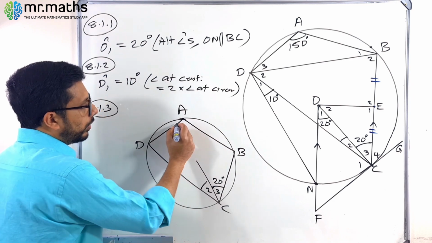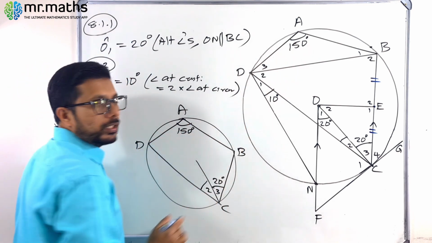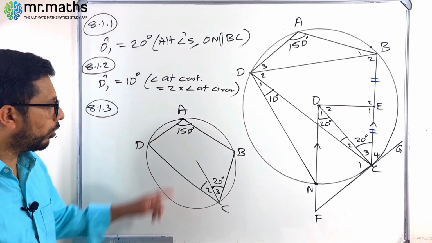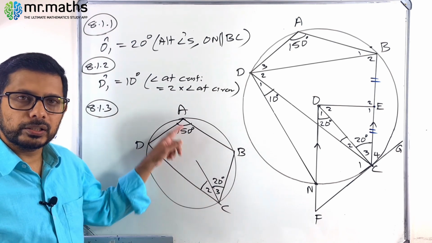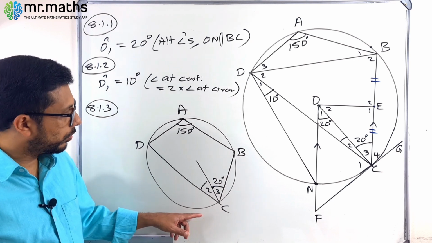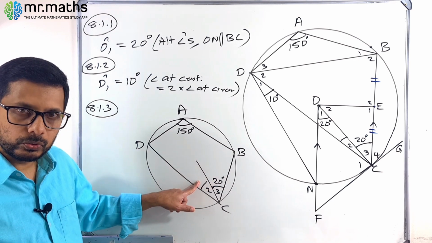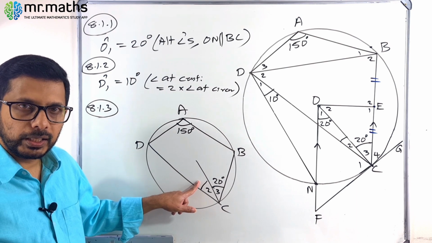Now what is this angle? It is 150 degrees. So you know that opposite angles of a cyclic quadrilateral are supplementary, 180. So when you add this 150 plus 20 plus this C2, it is 180.